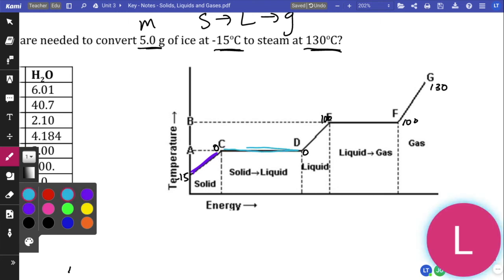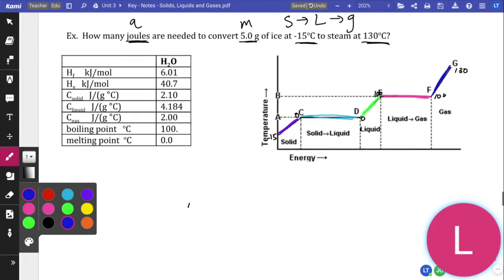Then right here, we're undergoing melting, so we're going to use our phase change equation, Q equals M times H. Then we have liquid right here, where we once again are undergoing a change in temperature, so Q equals MC delta T. Then we have our phase change, so Q equals MH. And finally, last but certainly not least, up top here we have one more Q equals MC delta T, where we're changing temperature.